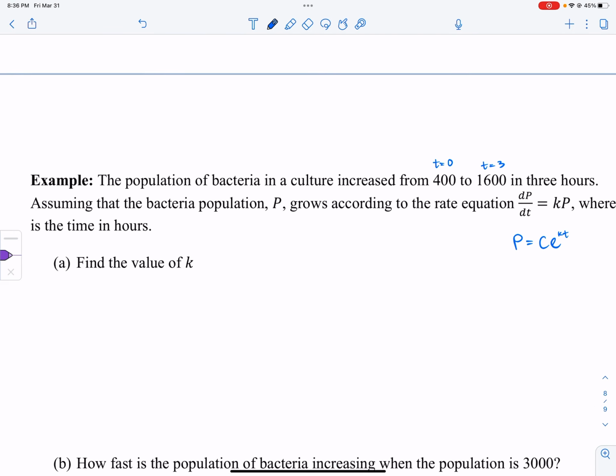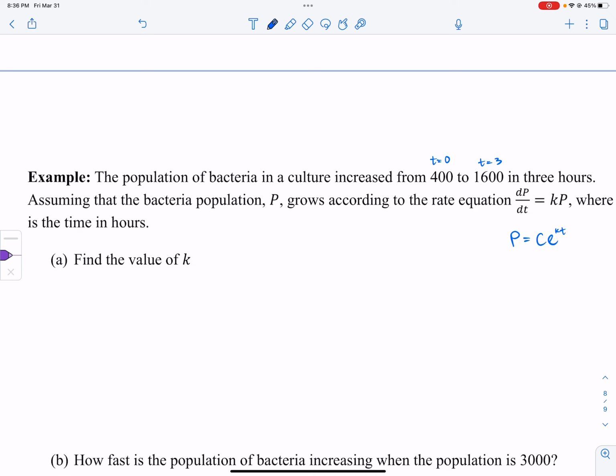So in this case, C we're going to replace with 400, and then we can plug in 3 for t and 1600 for the population. So that k is the only remaining unknown. And then we can solve.